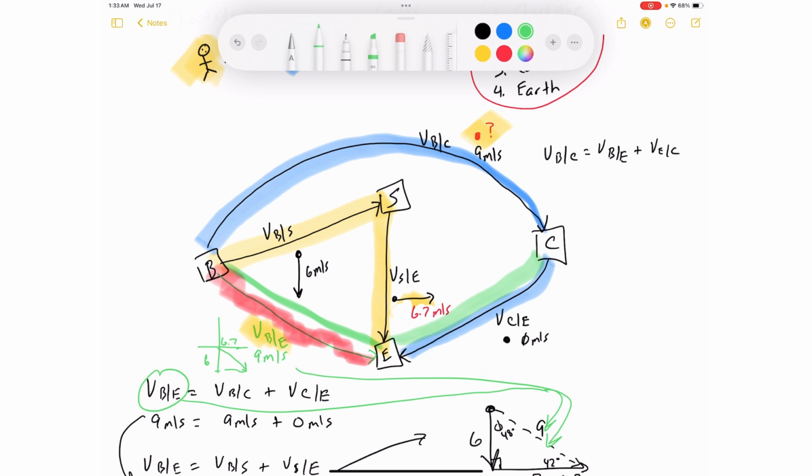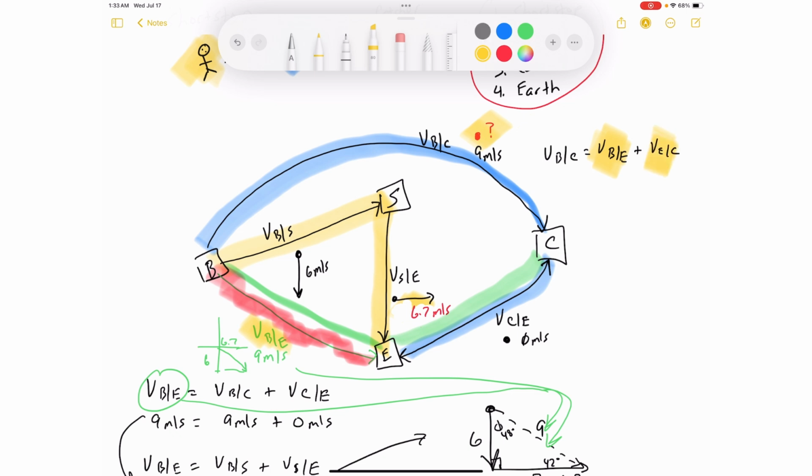So technically, this line looks like this. You could actually write the arrow in both directions because it's a 0 vector. So if you reverse it, it's still the same. Okay. So I can go from B to E, which is this one, right? Look at the arrow. And then I can go from E to C, which is this one.